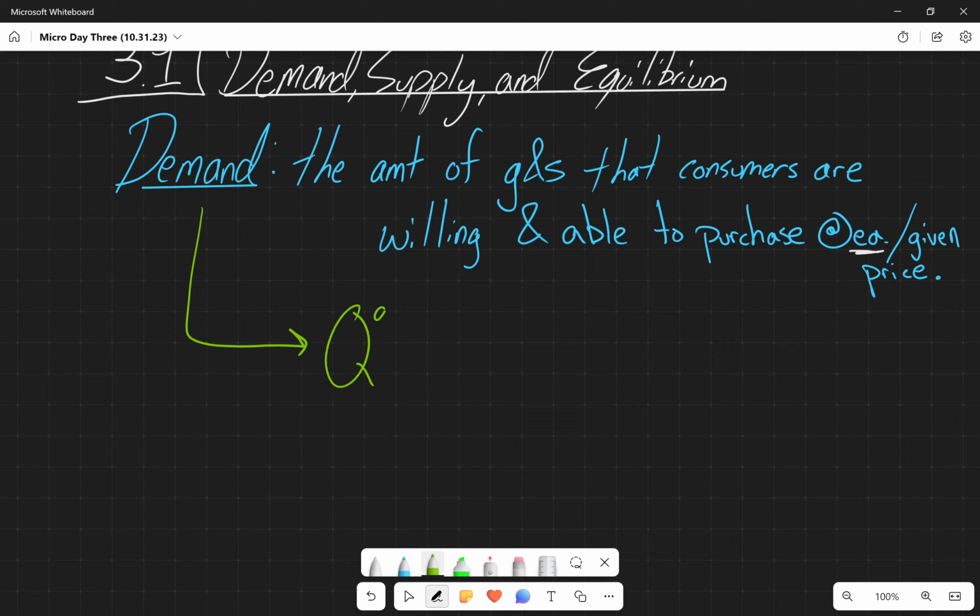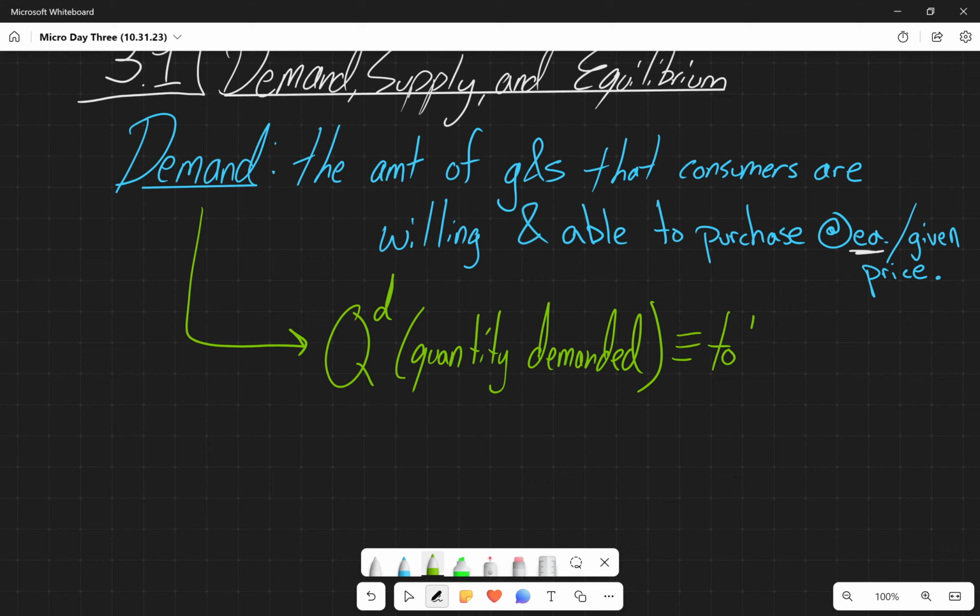And we represent it like this: quantity demanded, and this is defined as the total number of goods and services that are consumed at a given price.